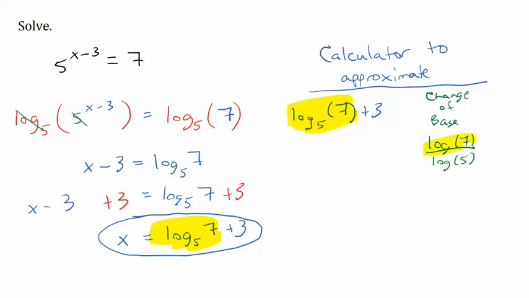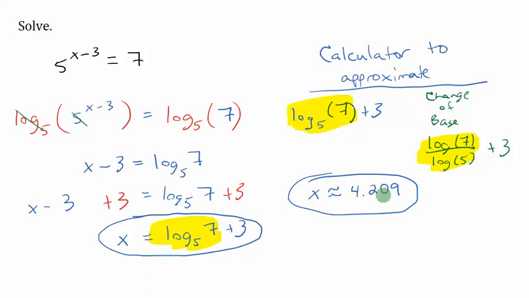So the yellow thing could be calculated in both of these ways depending on your calculator. And then you'd have to add 3 to that. So in either case, you plug either of those into your calculator, and it looks like we get approximately x would be equal to 4.209.